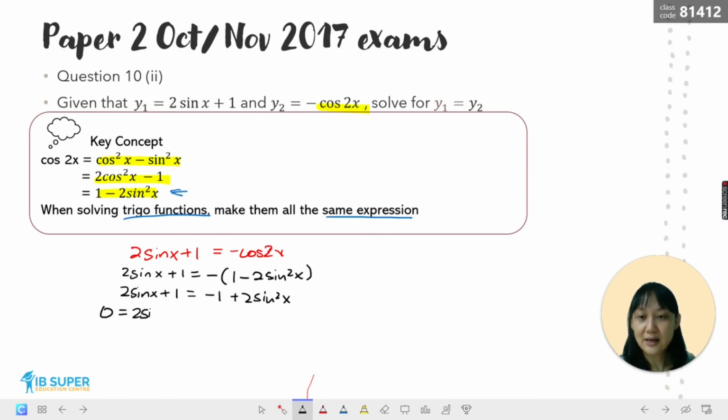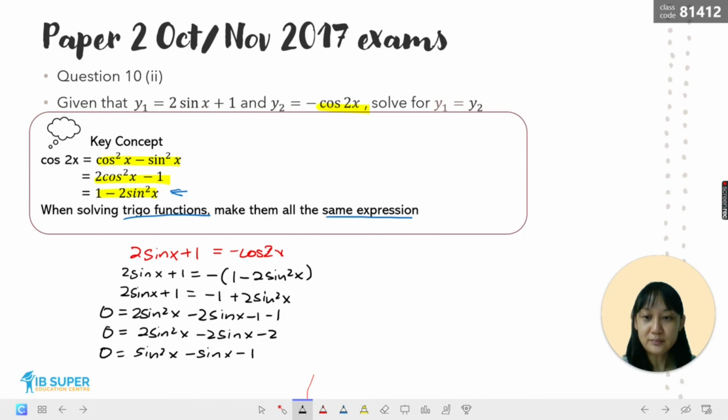So you have 2 sine squared x minus 2 sine x minus 1 minus 1. 0 equals 2 sine squared x minus 2 sine x minus 2. I'm going to remove the 2 throughout so that we can work with smaller numbers. So 0 equals sine squared x minus sine x minus 1.